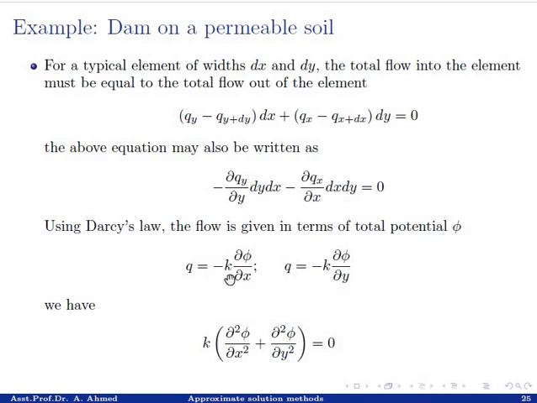Now incorporating these definitions of Qx and Qy into the above equation, I get this as the differential equation which governs the equilibrium requirement of that differential element, or the equilibrium of the seepage flow from that differential element.